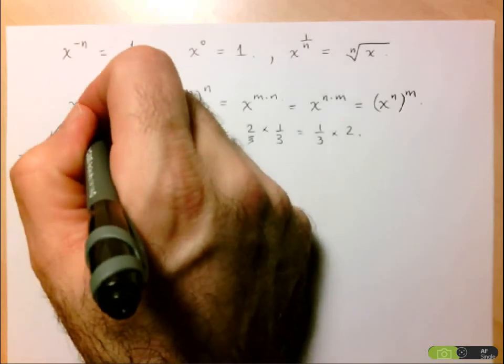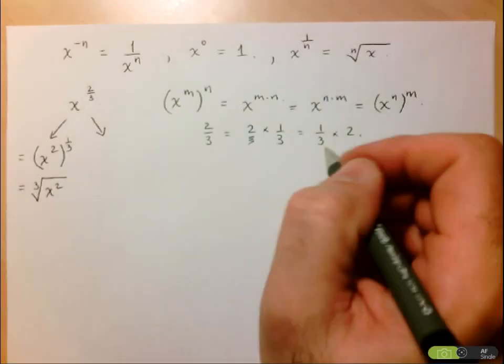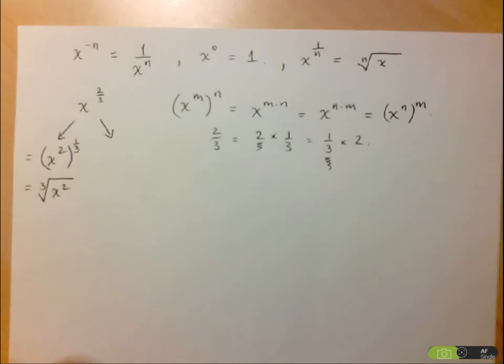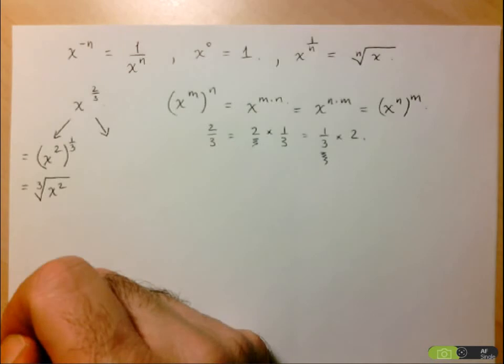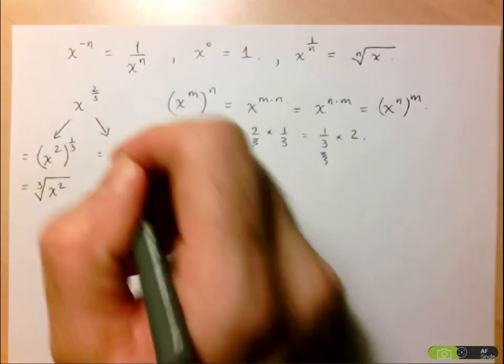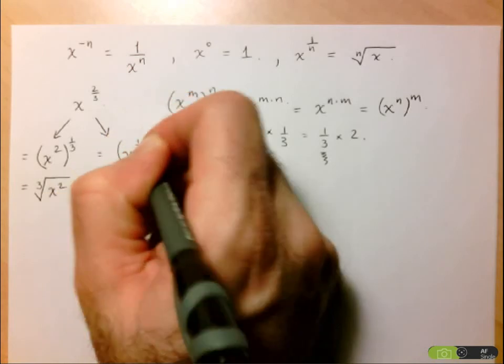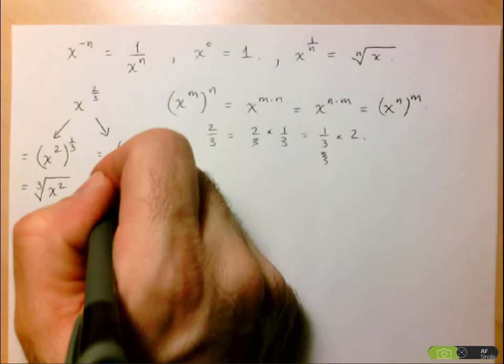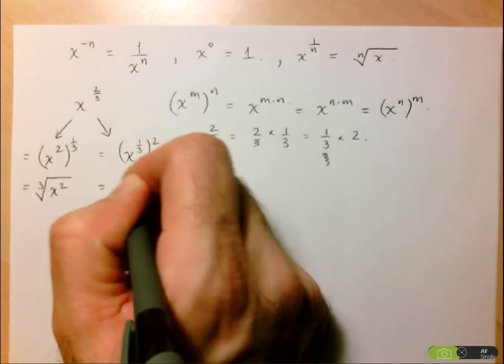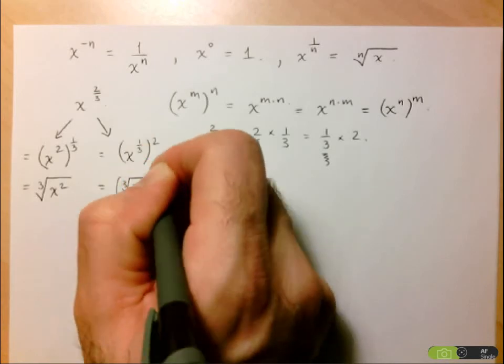But I have the other option of first considering 1/3 as the first exponent. So this can also be written as x to the 1/3 all squared, in other words, the cube root of x, squared.